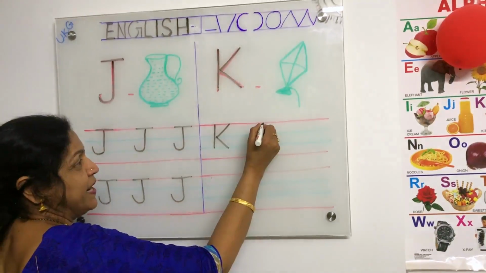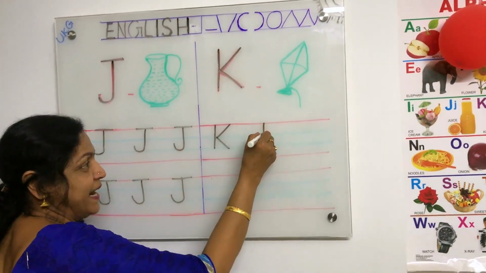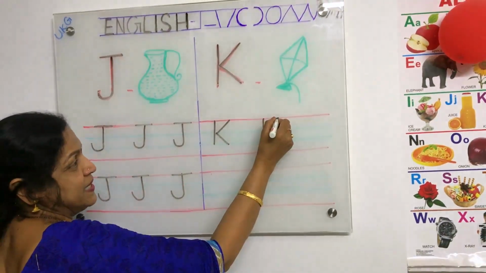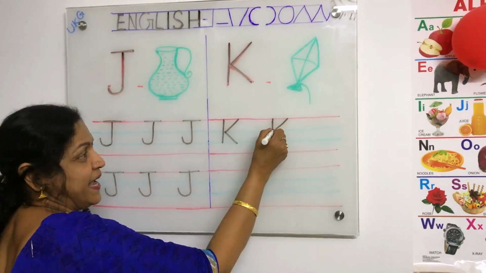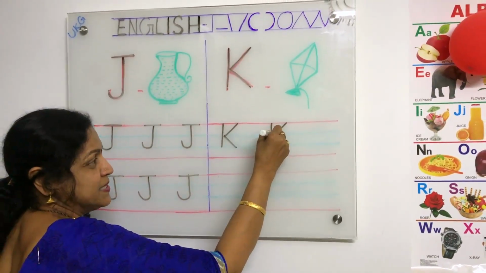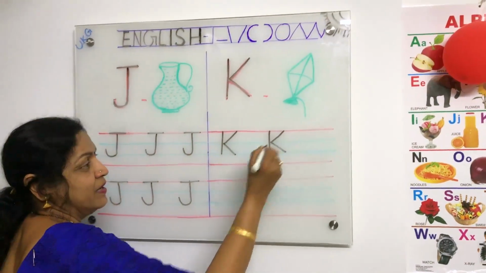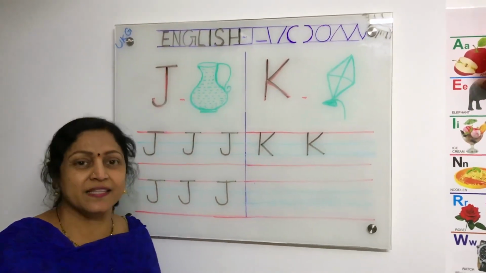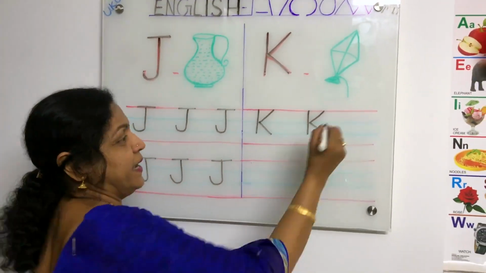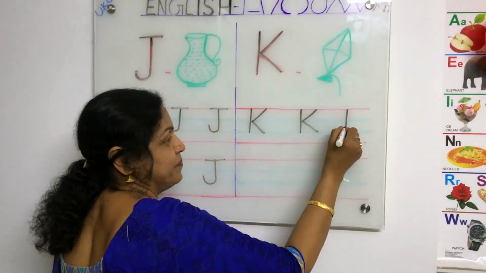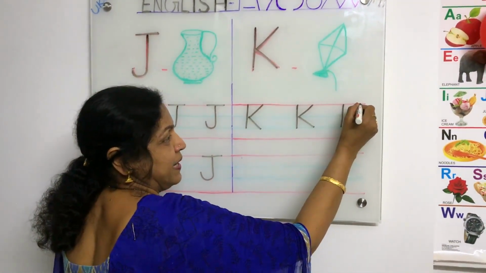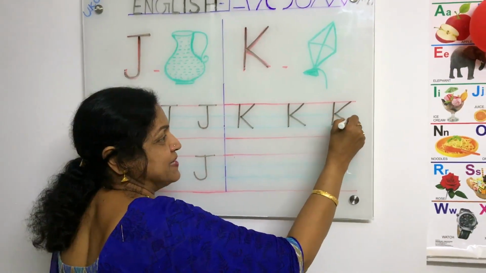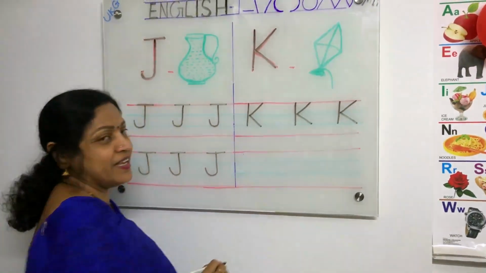See, from red line to blue line, write standing line. This is right slanting line and this is left slanting line. So, okay, what is this? This is letter K. Standing line, right slanting line, left slanting line. That's all. Very easy, no?